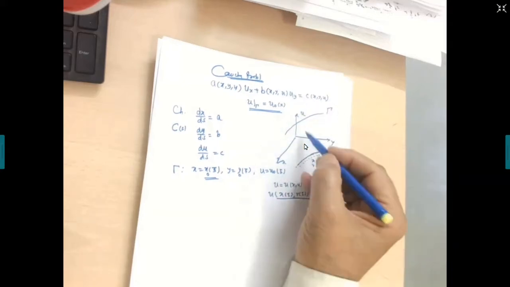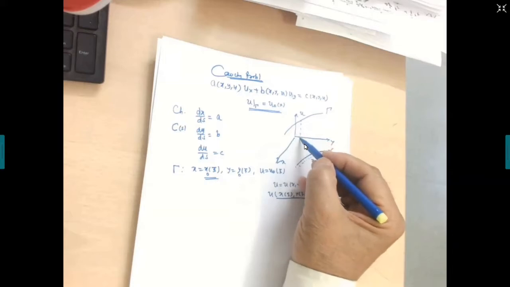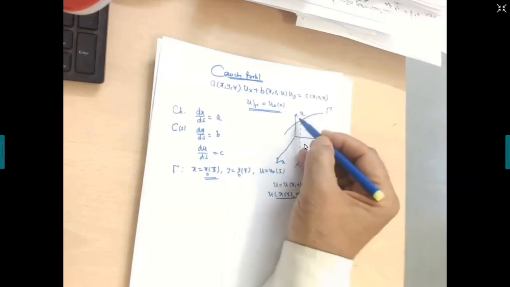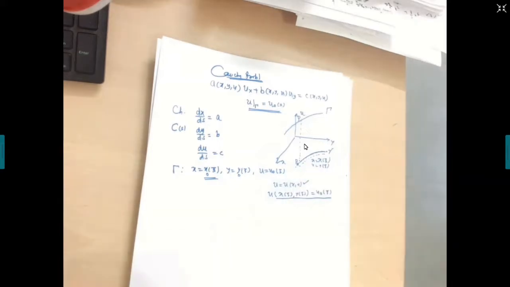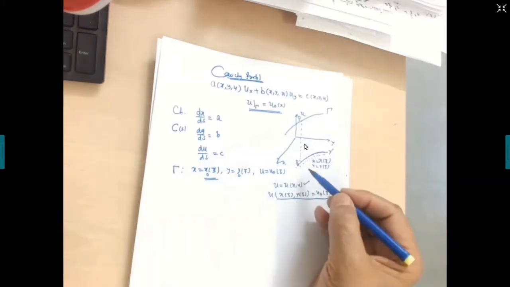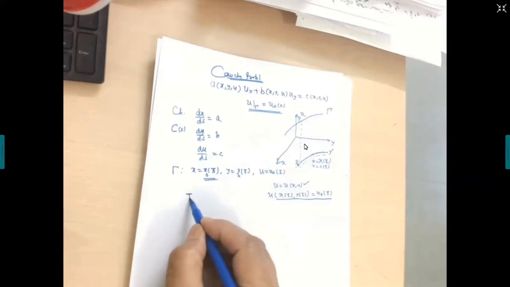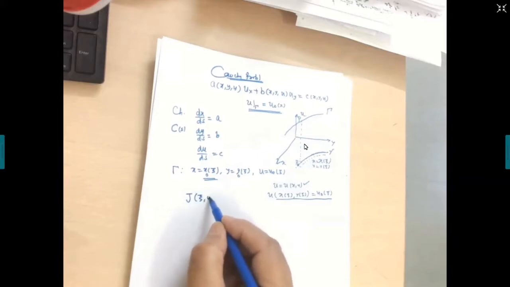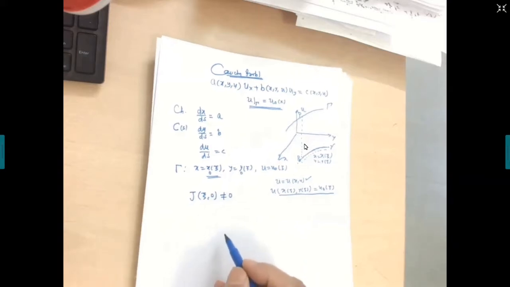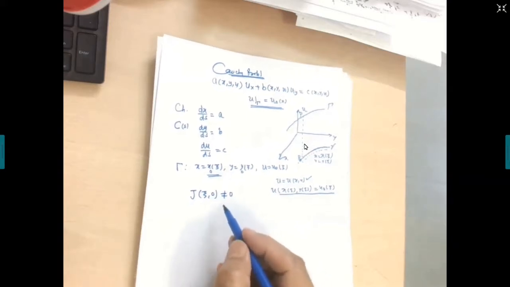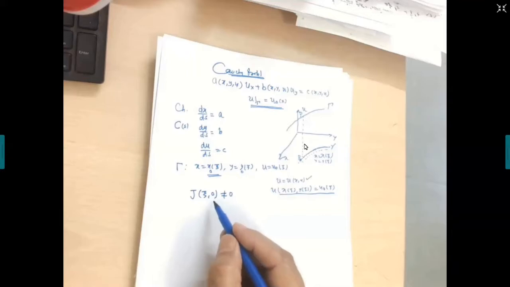As a matter of fact, if P is any point on the space curve, and its projection, let me call it P naught, is the projection of P. What is the condition that we determined? If you remember, J should not be 0. This is the necessary condition, that J not equal to 0.